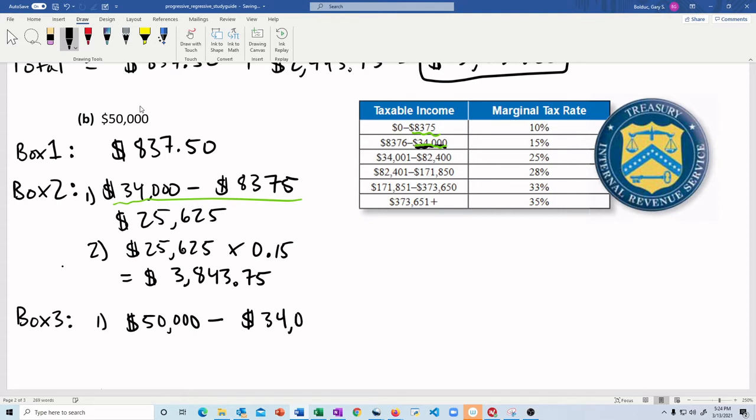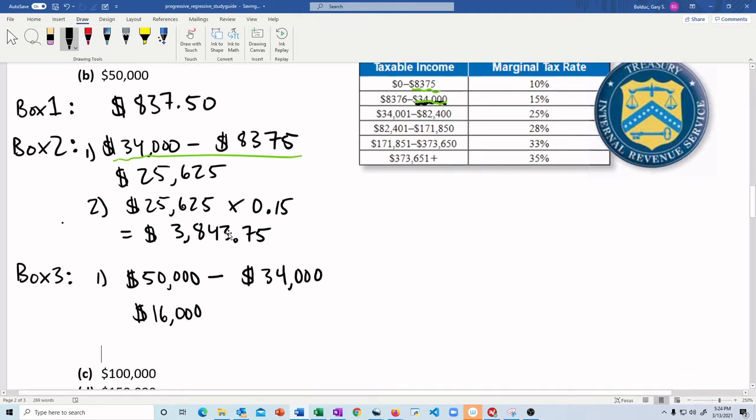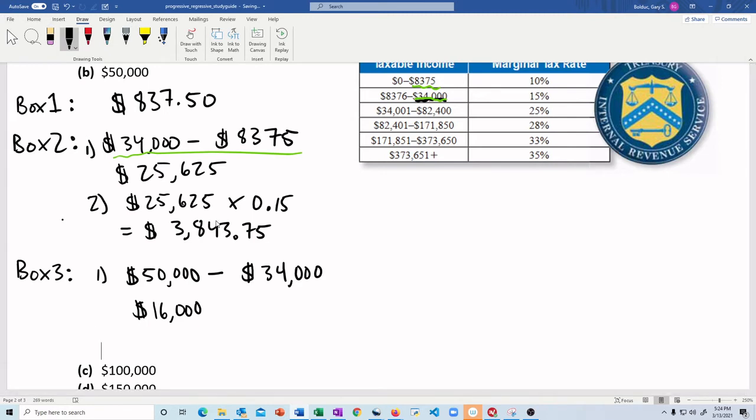At this point, the IRS has already taxed me on $34,000 of my income. So in order to figure out how much is left for them to tax, you just take your income and subtract that number. So this is, I've got $16,000 left for them to tax me on. Okay, and then my little step 2 here, I take that $16,000 that they're going to tax me on, that fits into box 3, and I multiply by 25%.